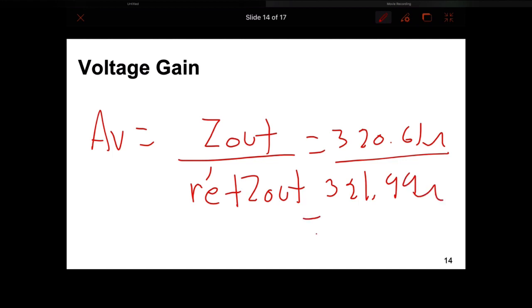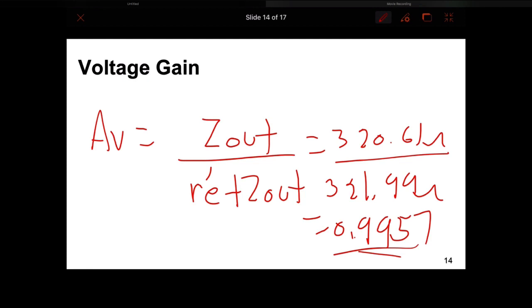If we simply divide those two numbers, 320.61 divided by the last answer, again there's no negative because they're in phase, this would be 0.99. So the output is like 99.6% of the input.